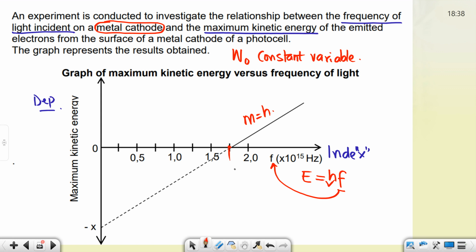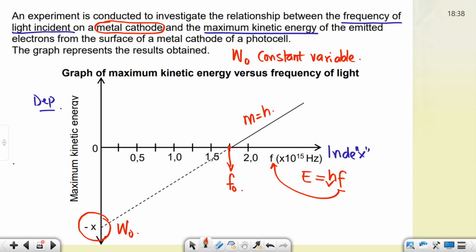Number 2, that is my threshold frequency, and this is my work function. So properties that we must know on this graph as you try to attempt the question. We cannot play with those properties. They are very, very important.